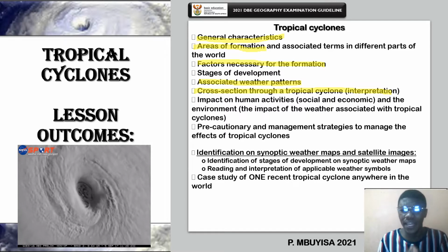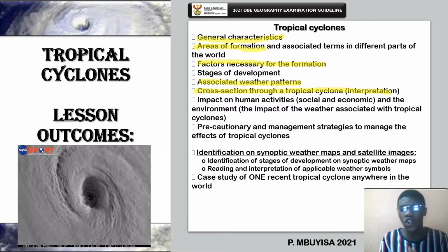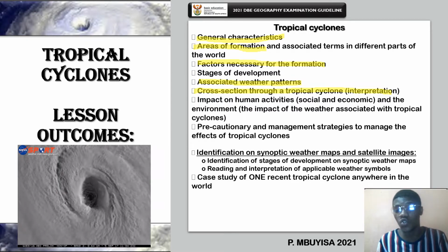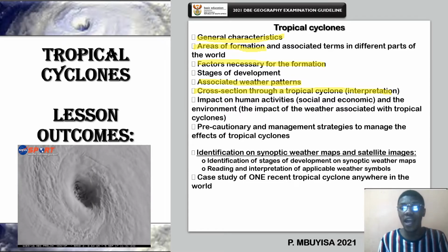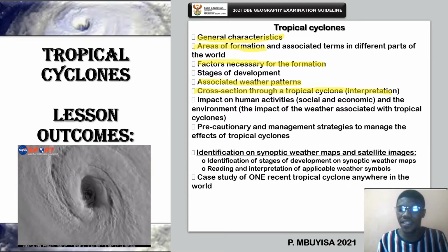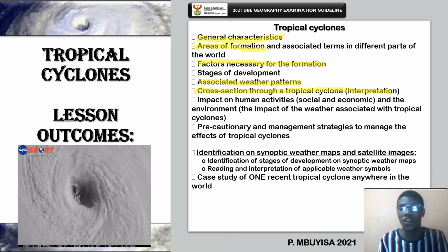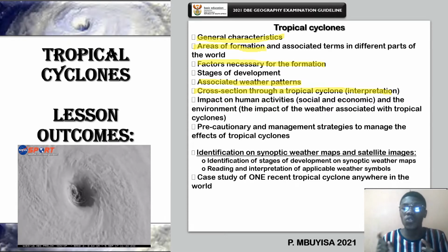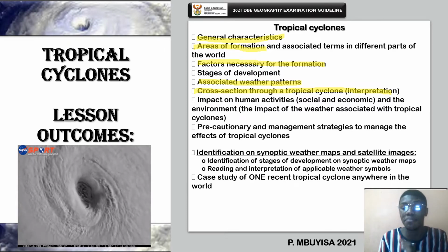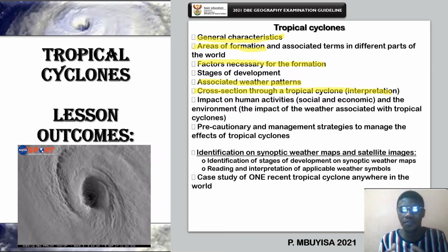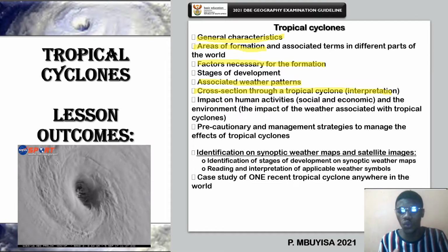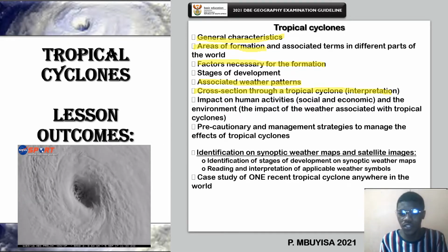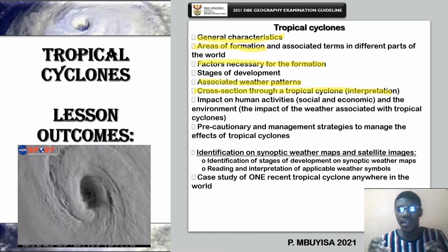Now think about tropical cyclones in that way. For example, when you are cooking your stew, remember we said it's the beef stew, so you need to have, number one, your beef. Without the beef, we can't have the beef stew, because it's a beef stew because of the beef. So we need to have the beef as one of the ingredients. We also need to have water, right? So that it doesn't burn, and it allows for the beef to be cooked through thoroughly, so it facilitates the transfer of heat between the surface of the pot and the different parts of the pot.